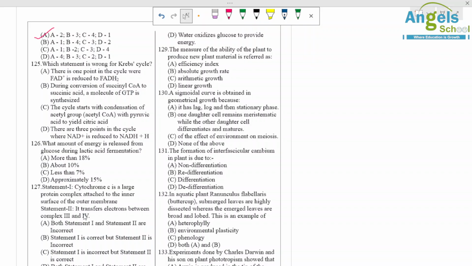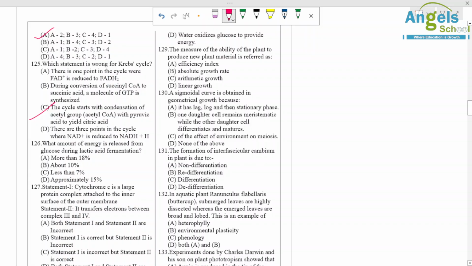There are 3 points in cycle where NAD plus is reduced to NADH plus. Okay, so A option is right, B is also right and D is also right. So C option is wrong. The cycle starting with condensation of acetyl CoA with pyruvic acid is wrong. Acetyl CoA is joined with oxaloacetic acid, not with pyruvic acid. Okay, so C option is wrong.